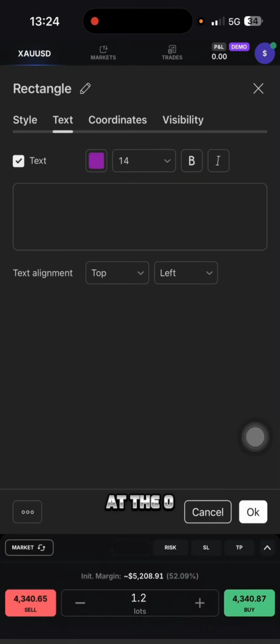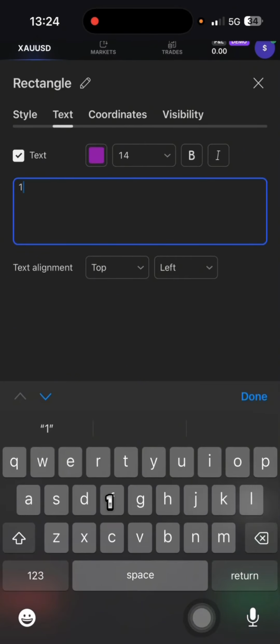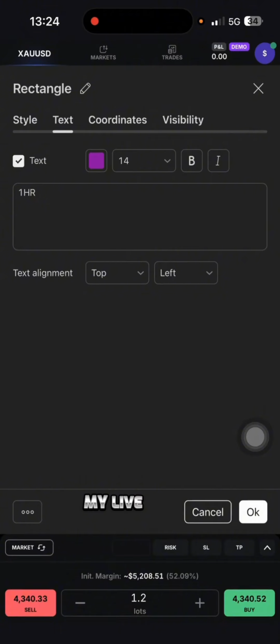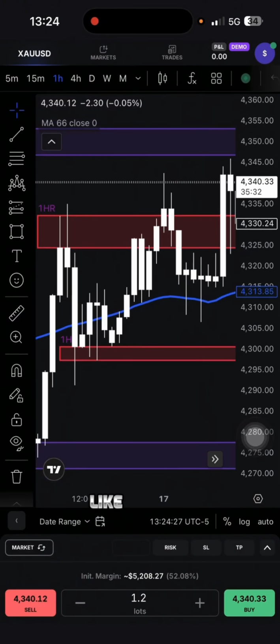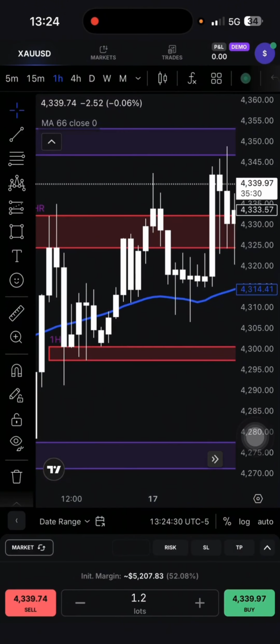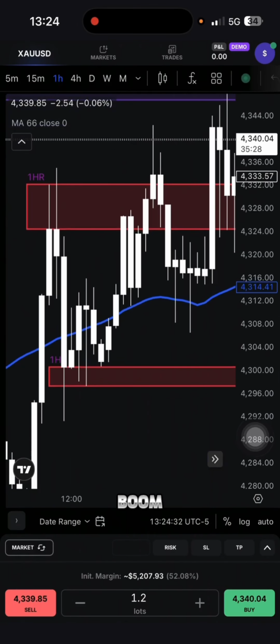Add a zero, 1 HR. After I finish breaking down on this chart, I'll go on my live chart so I can show you a little bit more. All right, so boom.